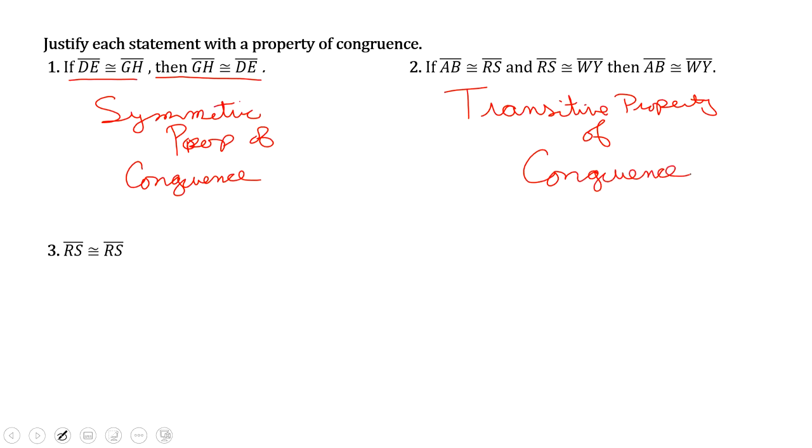Try to get in the habit of reading the segments too. So if you see the bar, then it's segment AB is congruent to segment RS. If you just see AB, then it's AB is equal to RS. So remember we're talking about segments or measures. Think that way as we do it.